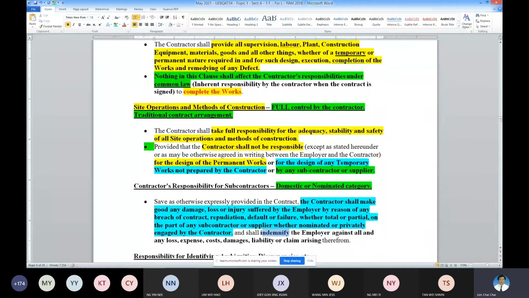So this is the responsibility of the contractor for the works carried out by the domestic or nominated subcontractors.